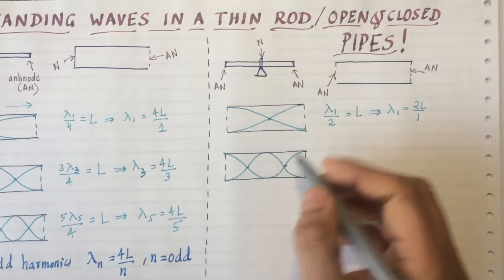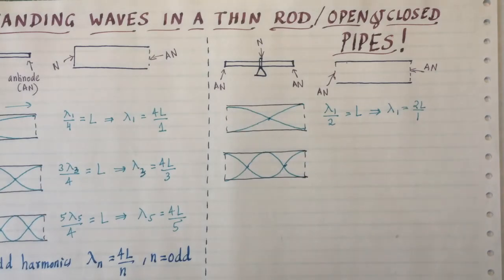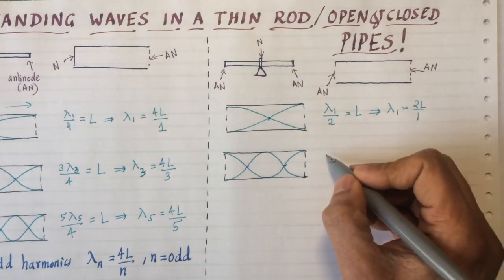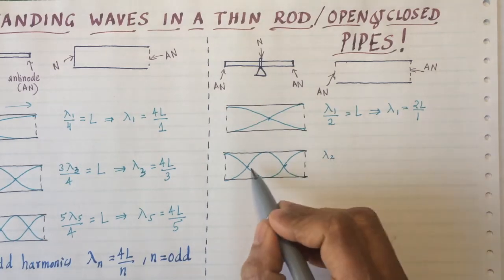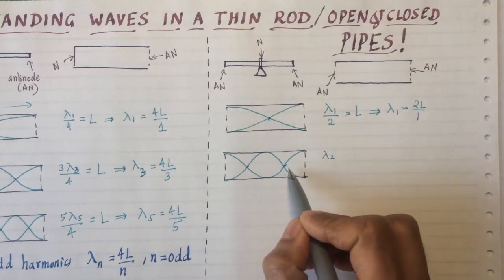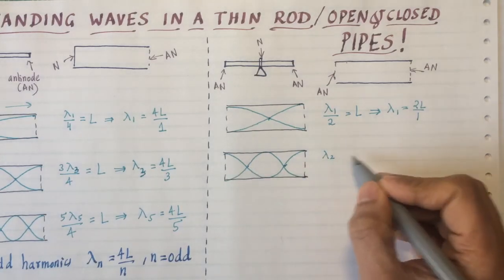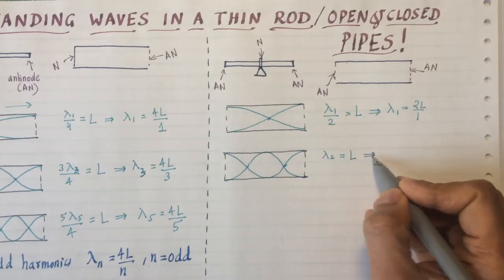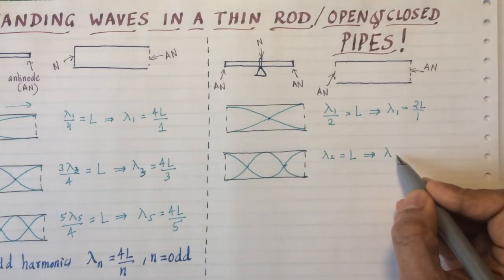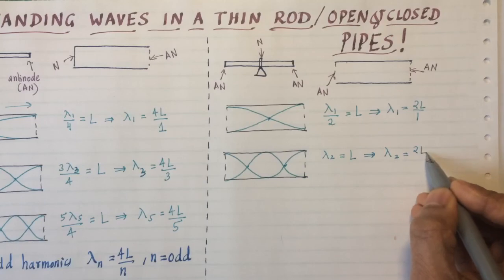So this mode will only occur in the open pipe, the pipe that's open on both ends. So this one I'll call lambda 2. How many lambda 2s do we have? That's half a wavelength, and that's another half wavelength. So the full lambda 2 is equal to L, which means lambda 2 equals 2L over 2.